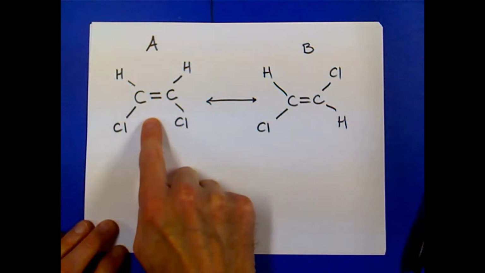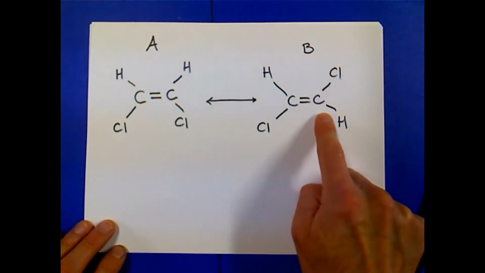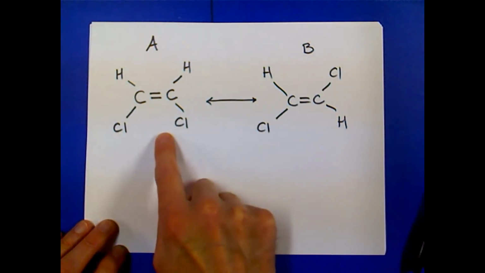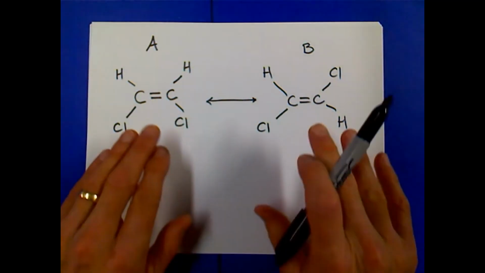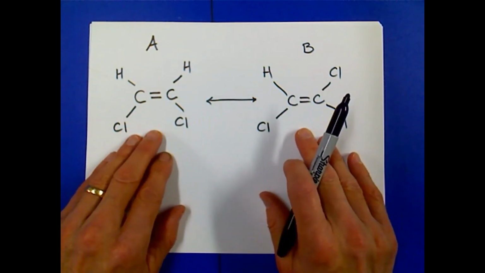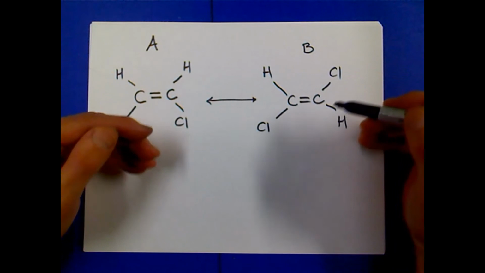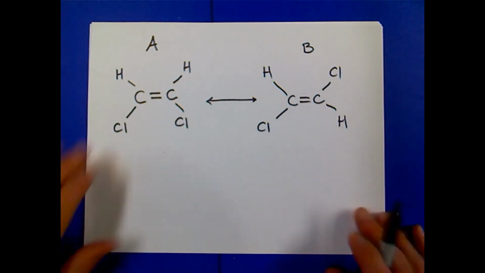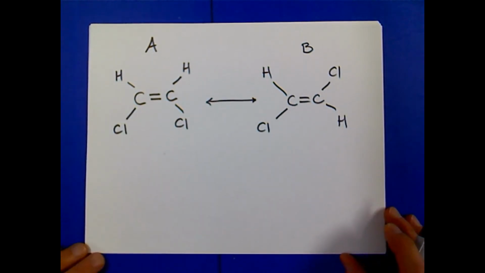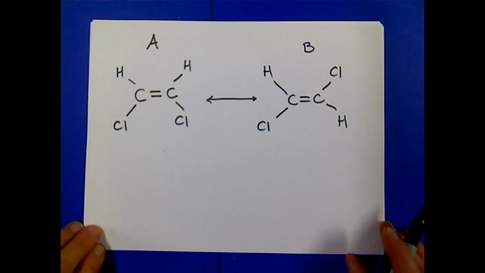You have to go through a chemical change to go from structure A to structure B, or from structure B to structure A. And because of that, these are actually 2 different molecules. They act similarly, but they have different boiling points, different melting points, and different chemical properties. And we've got to give them different names.